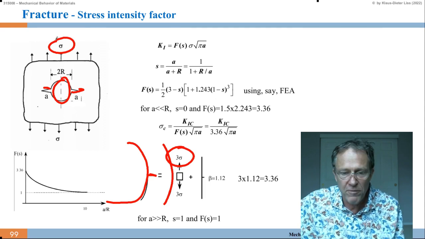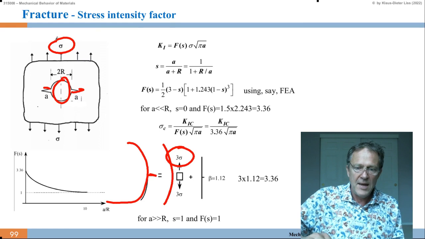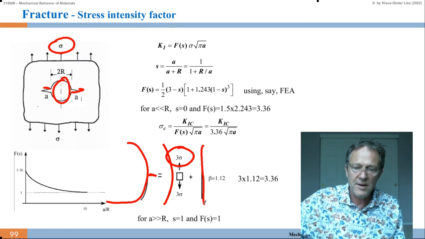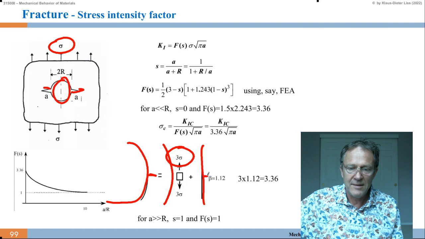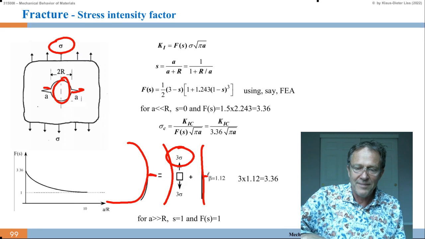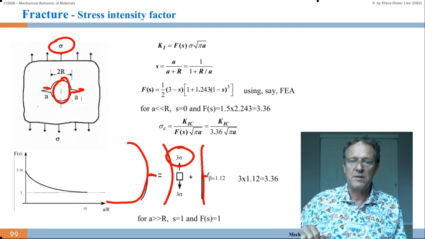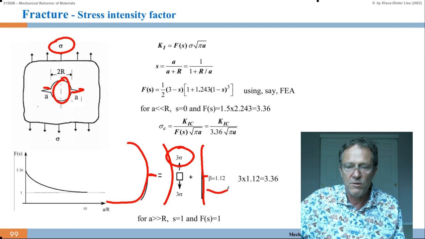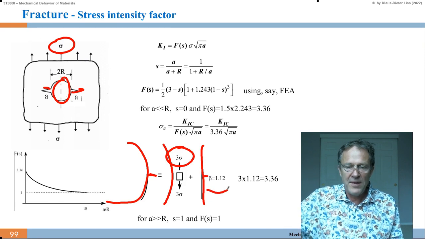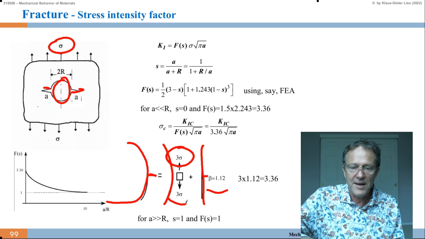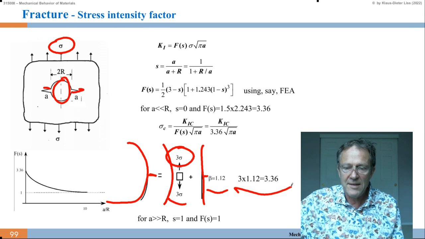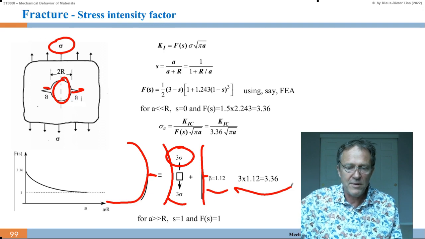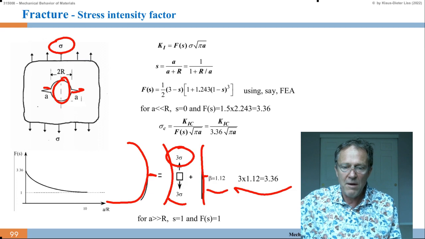We have done that before together. Plus the crack at the straight surface, for which I told you beta is 1.12, just two slides before. So we have 3 times 1.12 equals 3.36 for the stress intensity factor K1.